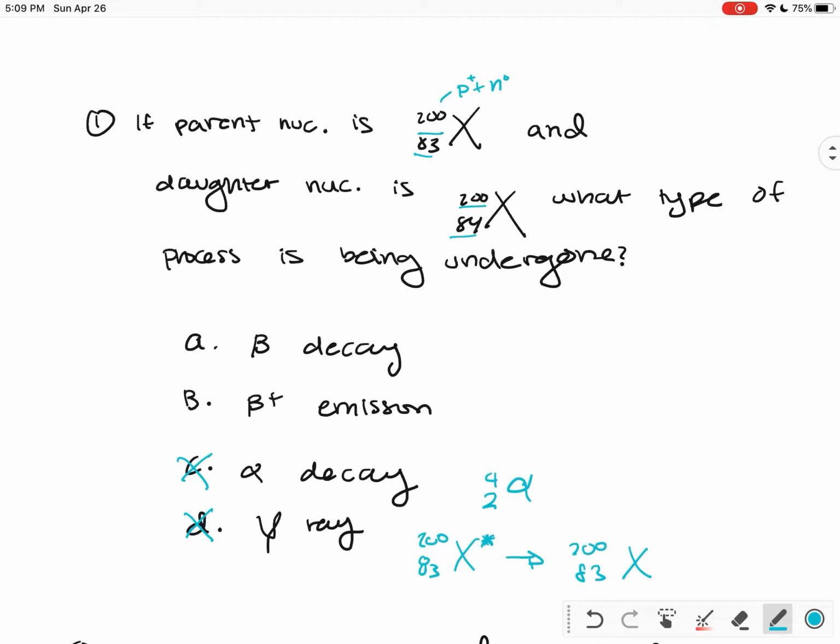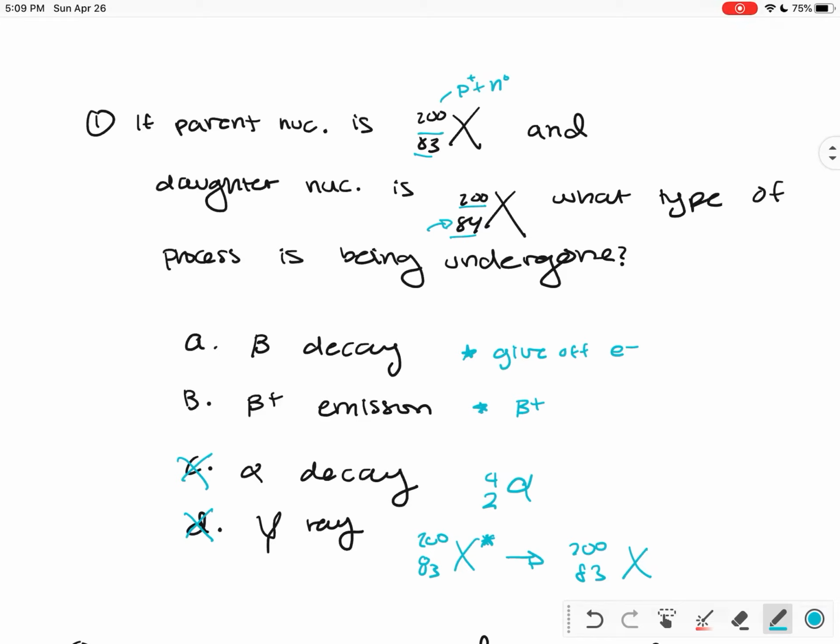For beta decay, we're going to be giving off an electron. And here we give off antimatter, which is a positron. So for beta decay, we will actually be increasing the number of protons by 1, and we will be giving off an electron.